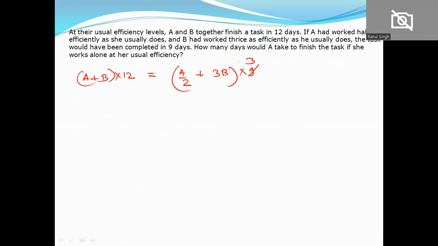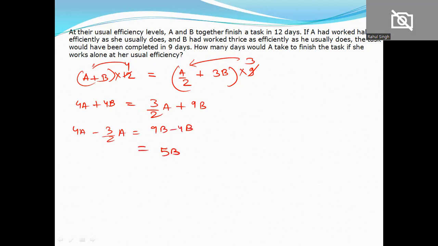Okay, let's solve. 3 times, 4 times. 4 को अंदर मल्टीप्लाई करेंगे 4a प्लस 4b. इस 3 को अंदर मल्टीप्लाई कर लेते हैं 3/2a प्लस 9b. 4a माइनस 3/2 ऑफ a इक्वल 9b माइनस 4b. 5b यहाँ से इसको माइनस करेंगे तो 5/2 ऑफ a बचेगा.